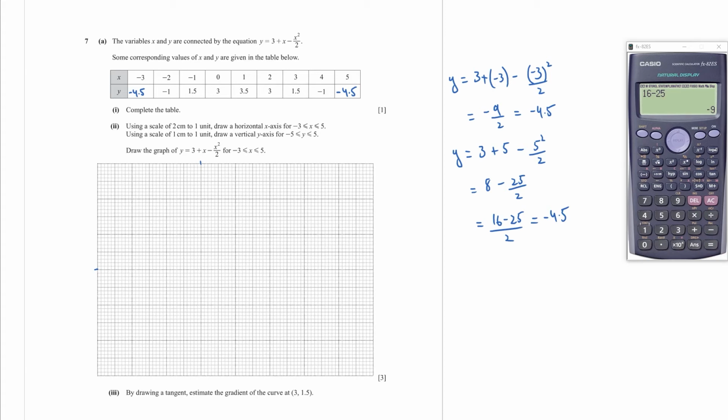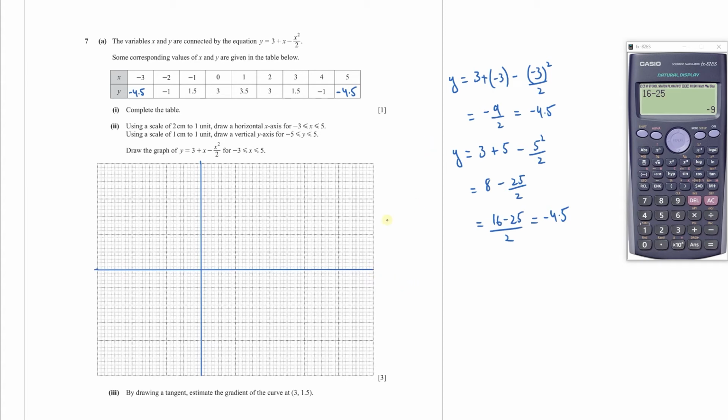So let's draw the axis here. So this will be my y-axis, and then I'll draw a line for the x-axis here. So this will be my x-axis.